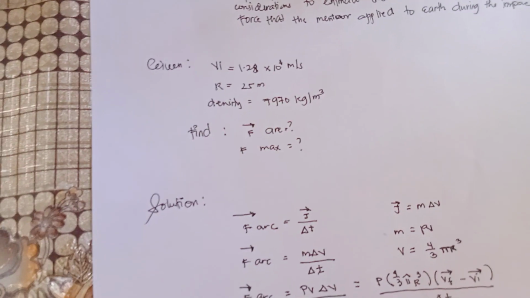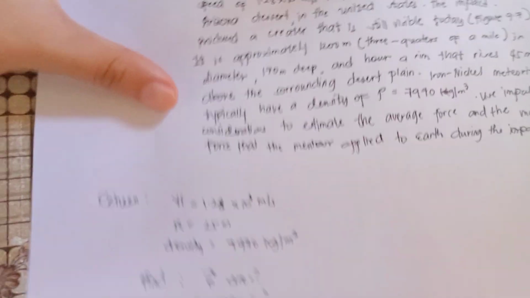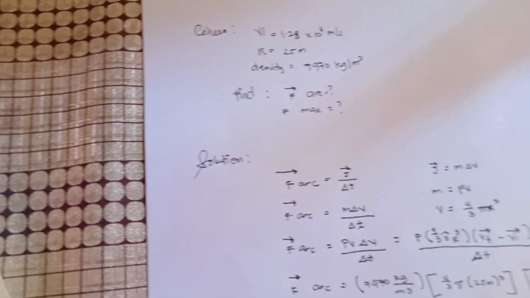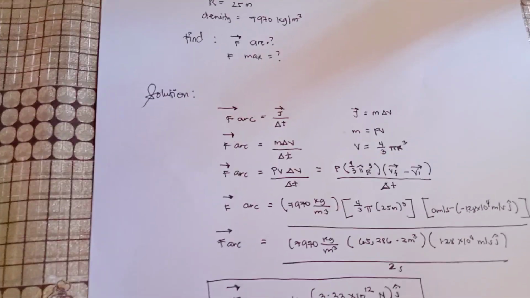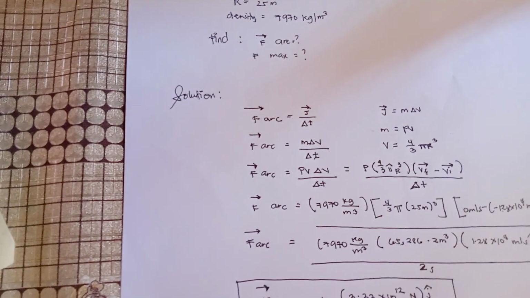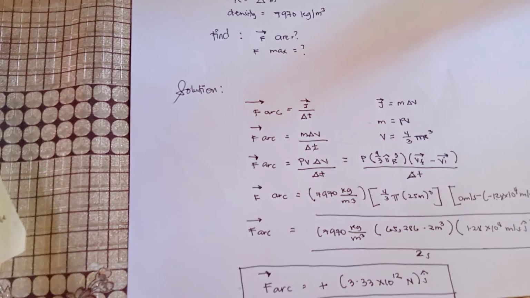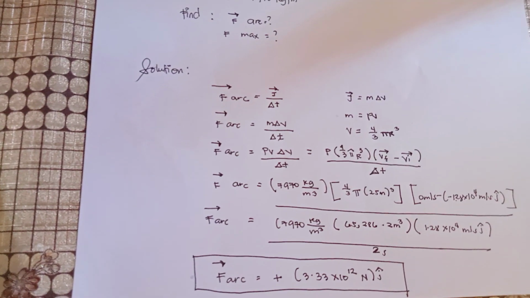First, what we will use is the average force, which we will find. During the impact, relative to the impulse, average force equals mass times change in velocity over time.